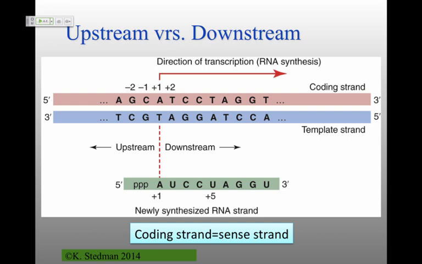It's all relative to the start site of transcription, and that start site of transcription is the +1 nucleotide. And again, this has a triphosphate at the 5' end. So again, starting from scratch. Once you've started here, this is your +1.